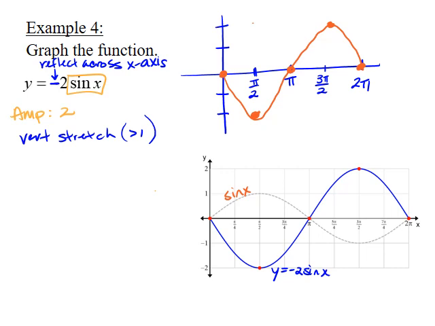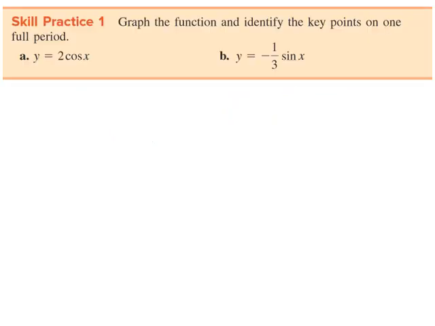On the next slide here, I'd like you to pause the video and go ahead and attempt to graph these two functions on your own. Okay, so when we graph this, this is a graph of cosine, and it has an amplitude of 2.